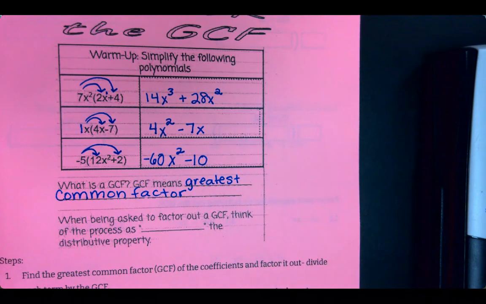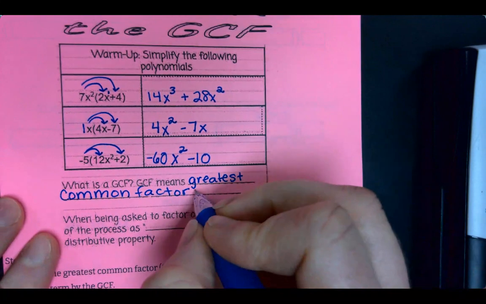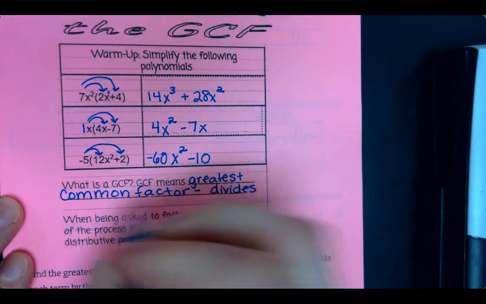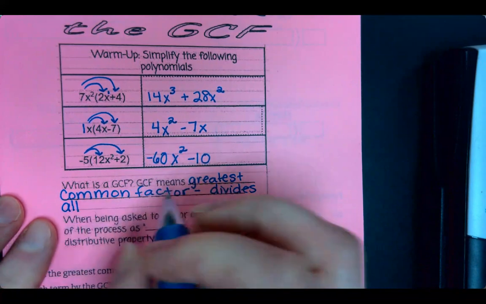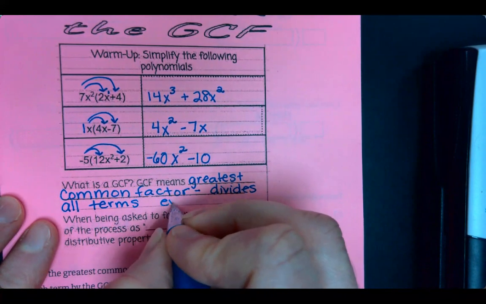But in the calculator, they call it greatest common denominator. Because we use that whenever we add fractions that don't have like denominators. We use your greatest common denominator to change your denominator. So what this is, it divides all terms. So not just the numbers, but the variables too. All terms evenly.